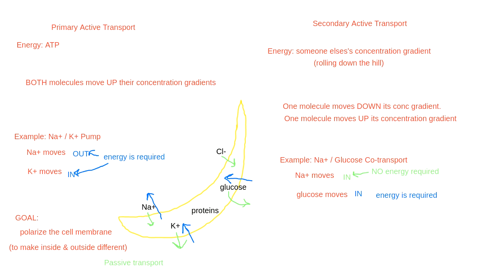Because I've already got a lot of glucose inside. A lot of glucose inside, put more inside, I need energy. A lot of sodium outside, let that sodium go in, no energy required. Sodium is the one going down its concentration gradient. Glucose is the one going up its concentration gradient.